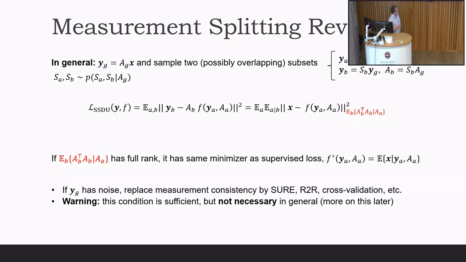And I should finally stress that although this condition here is sufficient to be able to learn this conditional expectation, it is not necessary. We'll see that when we look at the identifiability theory.